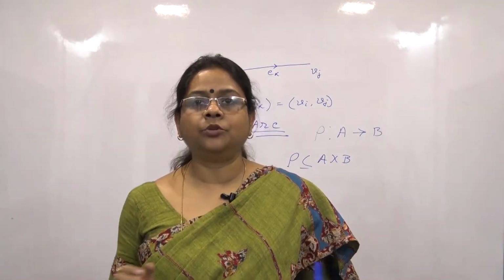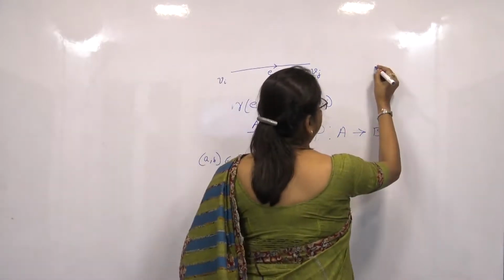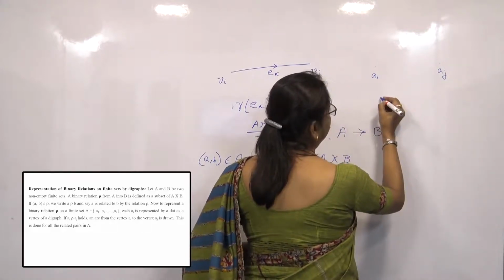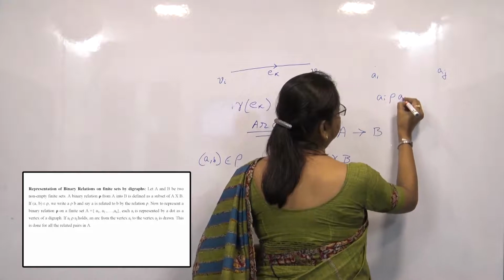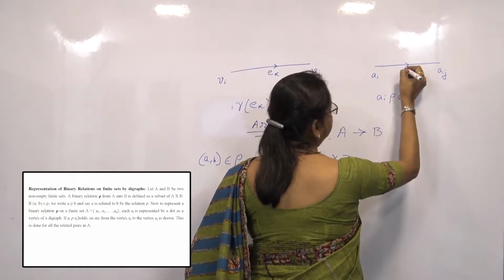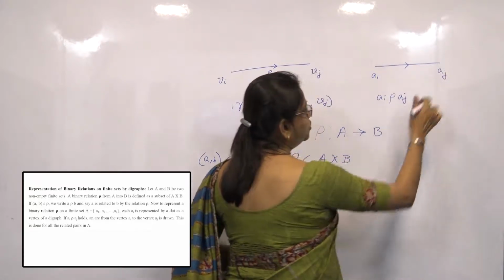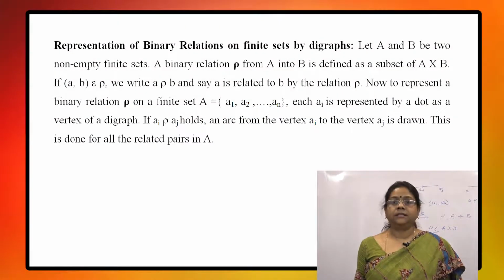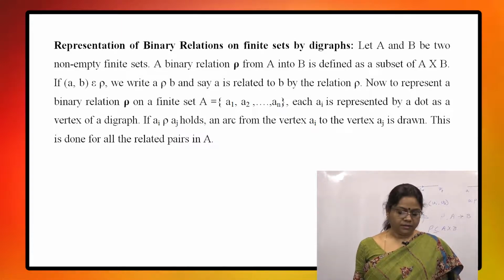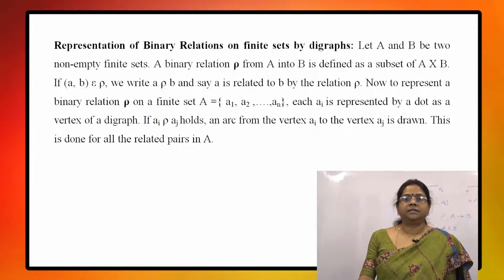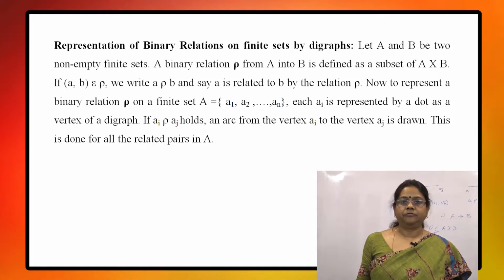And if AI rho AJ holds, say this is AI and this is AJ, then we draw an edge which goes from AI to AJ. This is done for all related pairs in A. In this way, a binary relation is represented by a digraph.